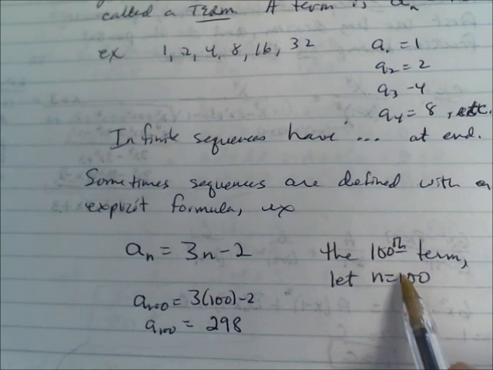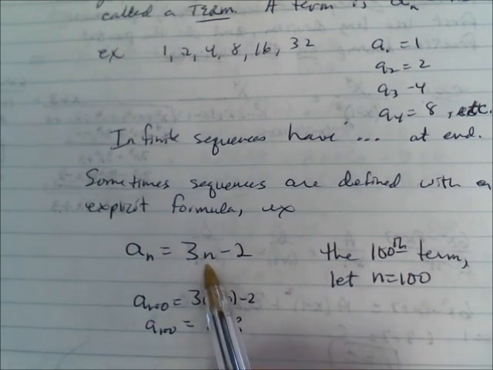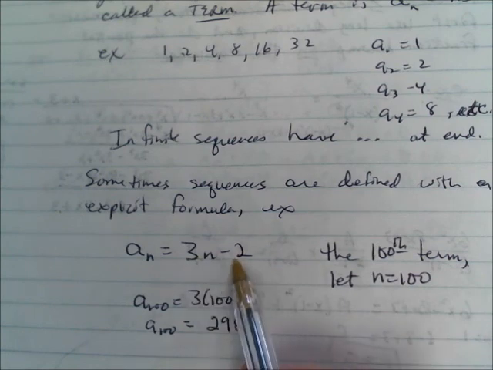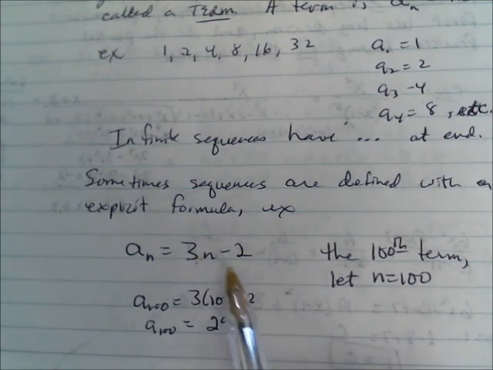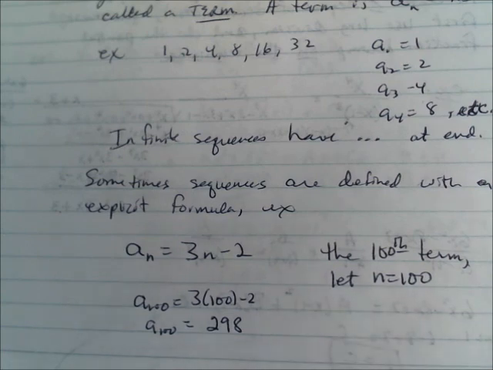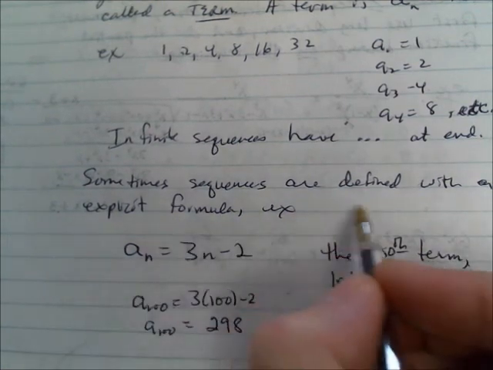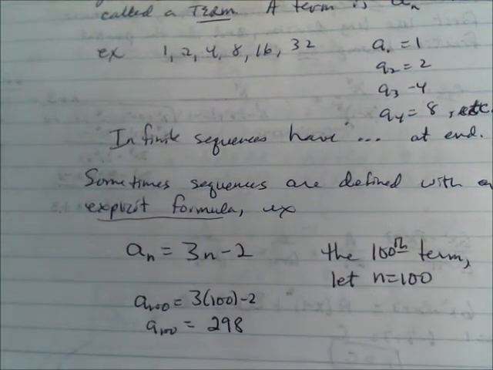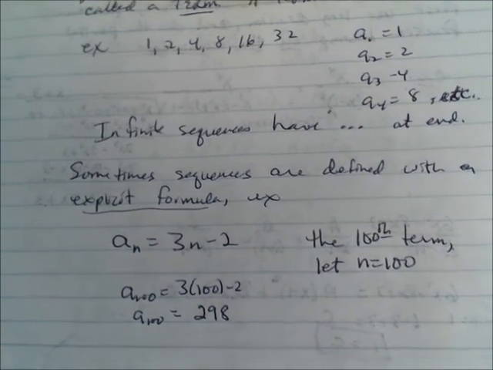So whatever n is in the explicit formula, that's the term number. The fifth term would be 15 minus 2. The 1000th term is 3000 minus 2. Whatever n is, that's the term number. So that's when sequences are defined with an explicit formula.